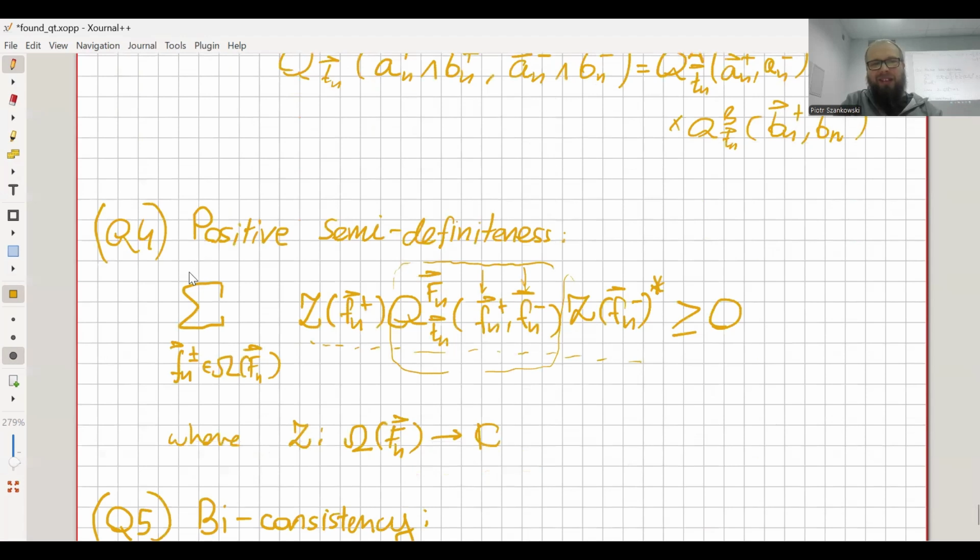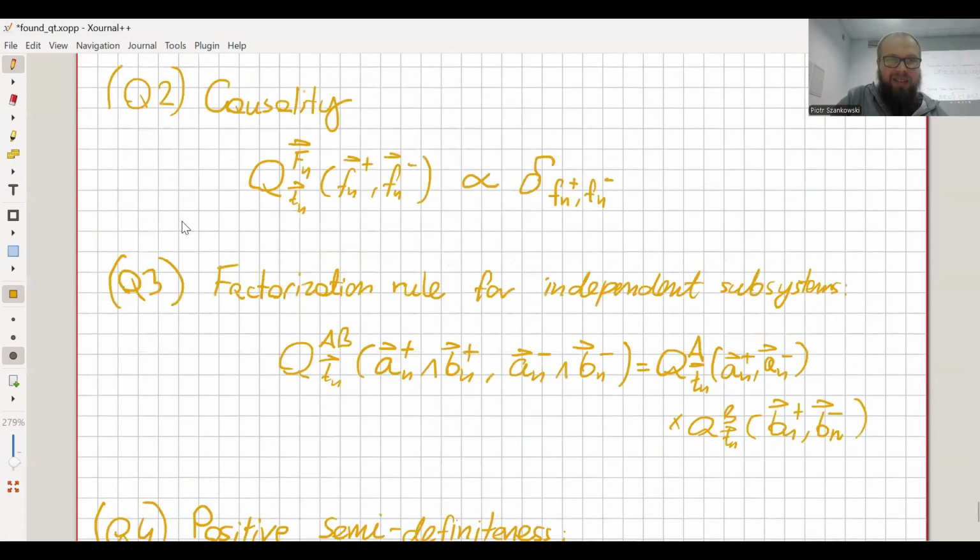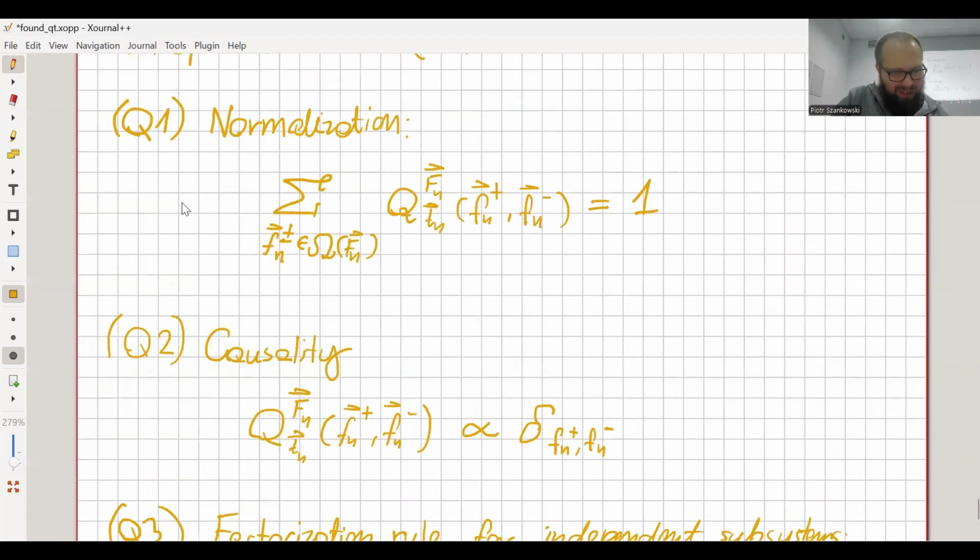Positive semi-definiteness is like the workhorse property, because now when you start combining it, you take positive semi-definiteness and normalization Q1 and causality Q3.